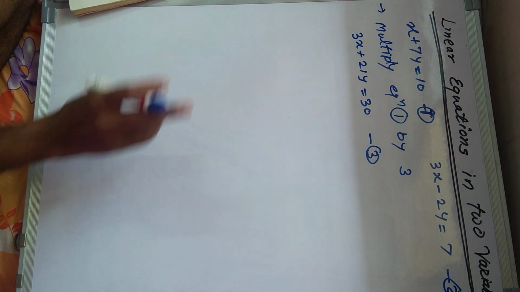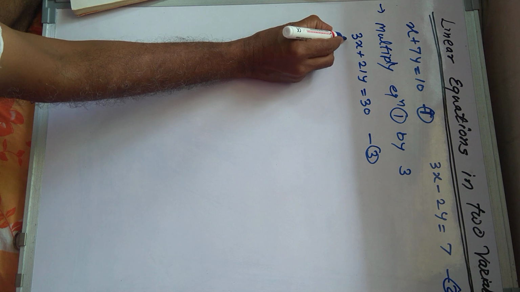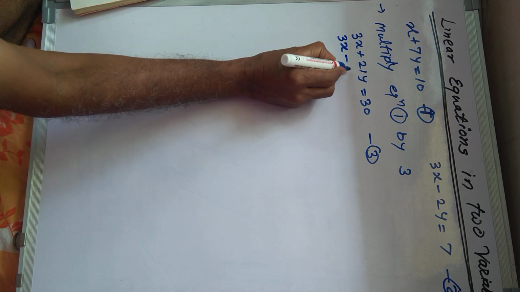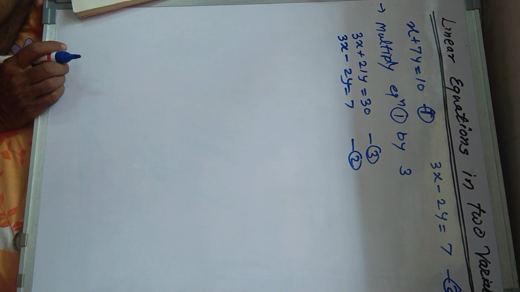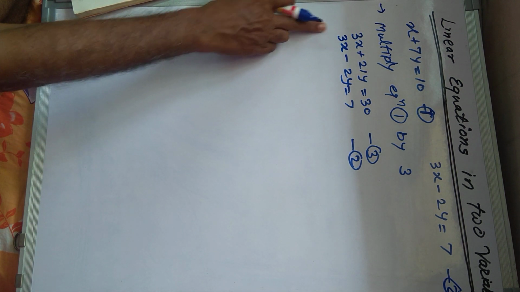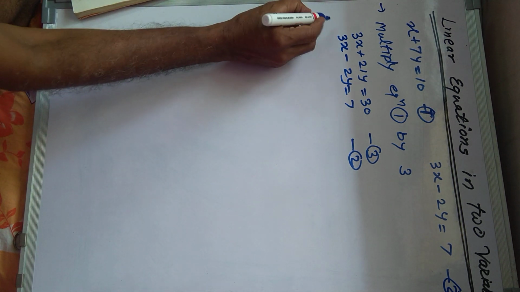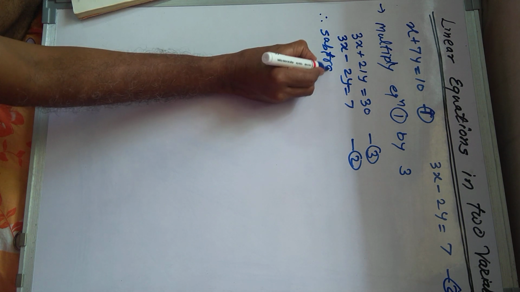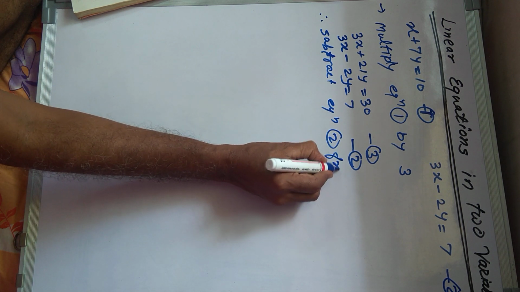We change equation number 1 and write equation number 2 under that equation, which is 3x minus 2y is equal to 7. That is equation number 2. Solving these two equations, the coefficients of x are the same. That means we have to subtract these equations. Therefore, we have to subtract equation number 2 from 3.